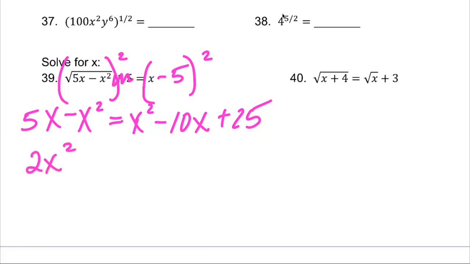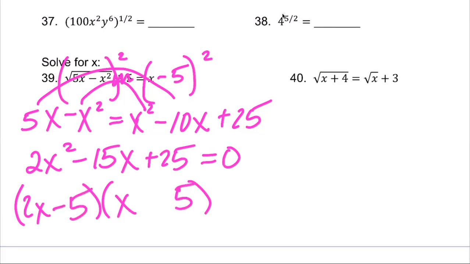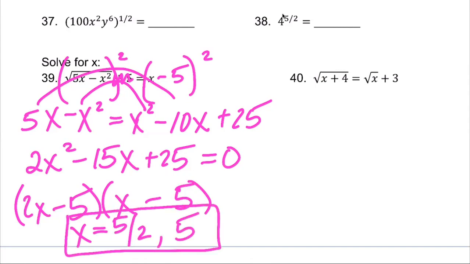So it would be 2x squared minus 15x plus 25 equals 0 when I move these two things over. And then from there, I'll factor. And you get 5/2 and 5 for your answers.